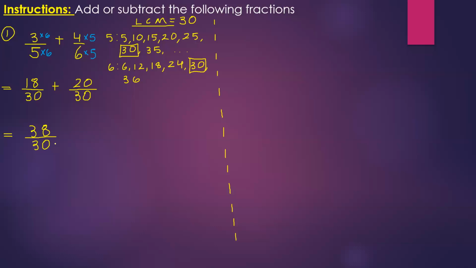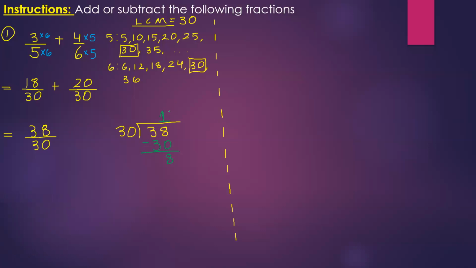Divide. Very good. So how many times does 30 go into 38? Once. 30 times 1 is what? 30. And 38 minus 30 is what? 8.